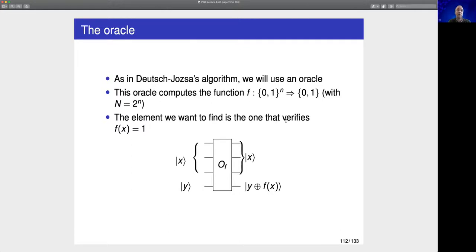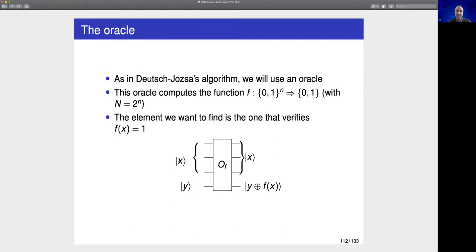So what we are going to do is to assume that, again, as in the case of Deutsch-Jozsa's algorithm, we have an oracle. And this oracle is, again, a Boolean function that is going to return 1 when the element that we are checking satisfies the condition, and 0 when the element that we are checking does not satisfy the condition that we are interested in.